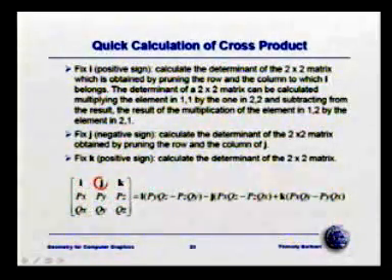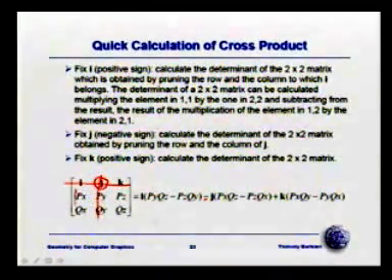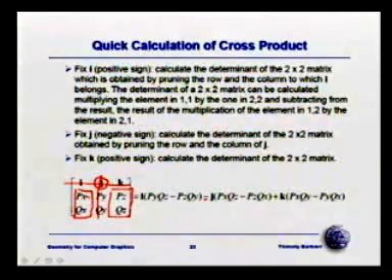Now you are at the second, that's j. j is negative, so that is why I put minus j. With j, I prune out the first row and the second column. Now you see that my matrix is composed of these two parts over here, and I calculate the determinant like this: Px multiplies Qz minus Pz multiplies Qx.